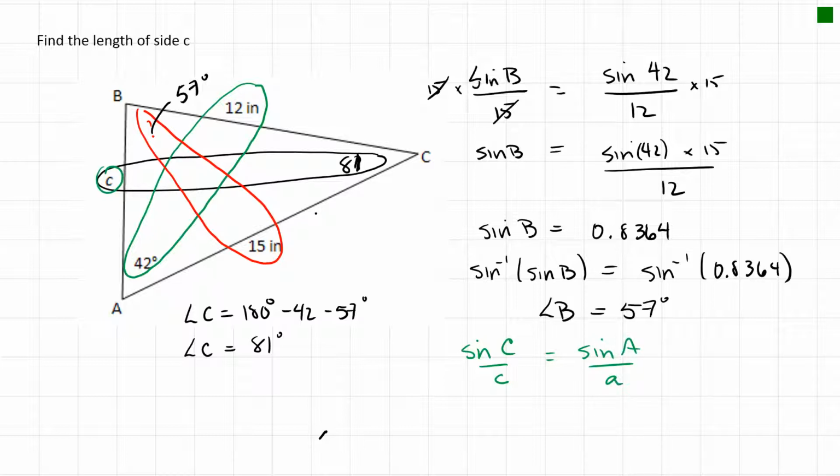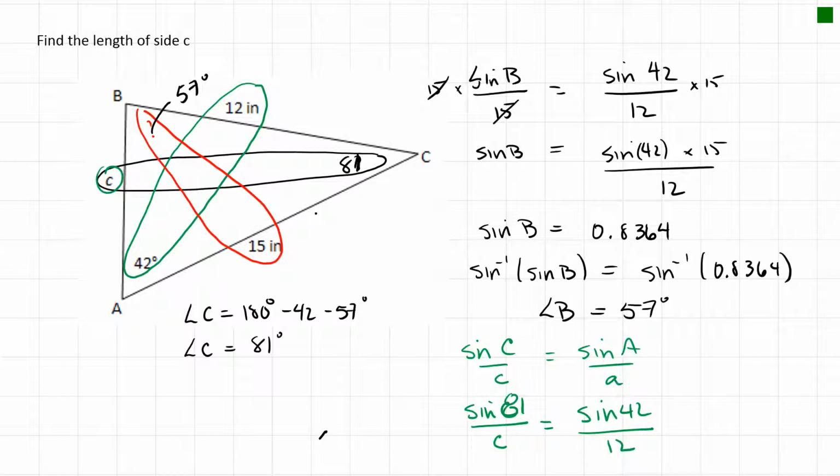You could use B here in this case too, but I'm going to use A because that was originally given in the question. So the sine of C, we know C is 81, so we're going to put 81 in here. Little c equals the sine of A, which is the sine of 42 degrees over 12.